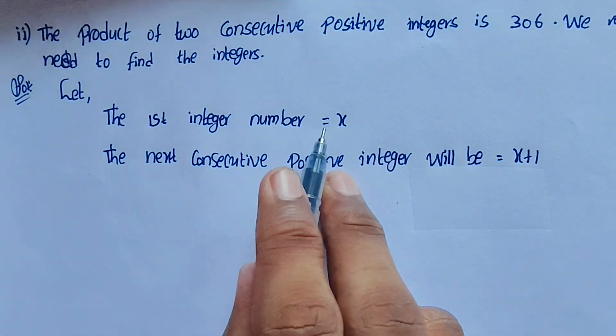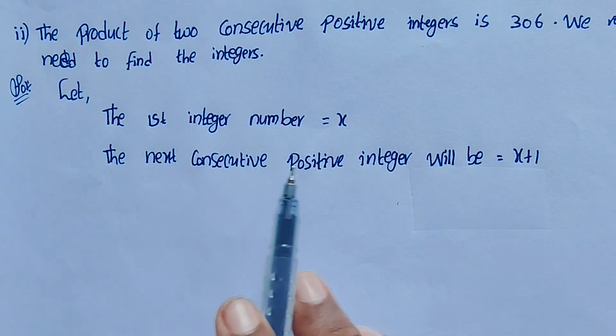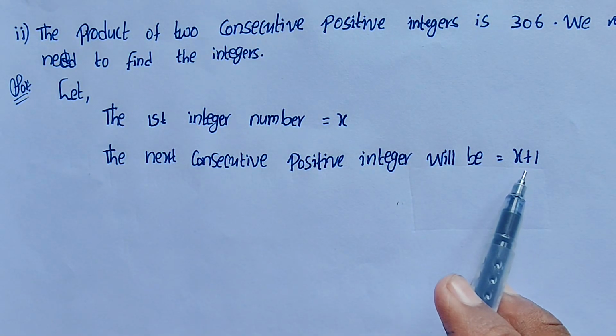The first integer number is x, then the next consecutive positive integer will be x plus 1.